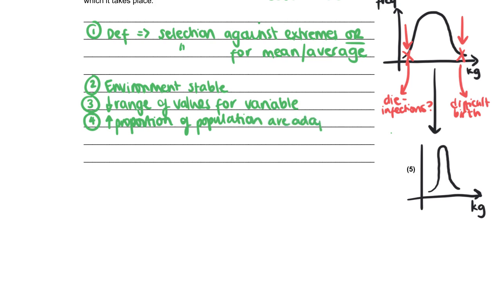So these babies with the average birth weight are more likely to survive because they don't have difficult births, they're not going to get stuck, and the mother is unlikely to have to undergo things like C-sections, but equally they're strong enough and big enough to maybe not get infections as easily. So an increased proportion of the population are adapted to the environment, whatever the environment might be. Again, it's unspecified in this question, so I'm not going to write anything in my answer about a specific example. I'm assuming already that this is going to come a bit later.